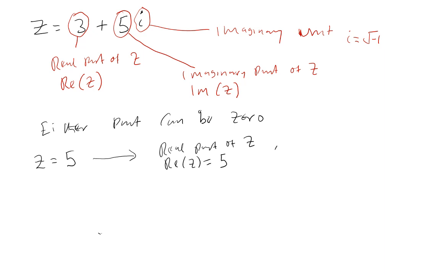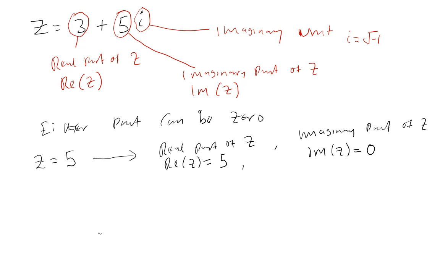And the imaginary part, if you look at this, we don't have a number with this I, we don't have a coefficient of I. So therefore the imaginary part of z is 0.